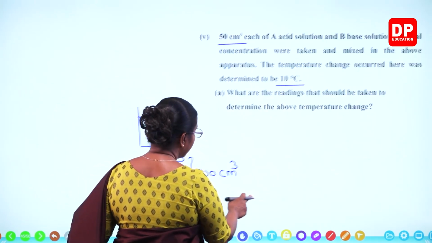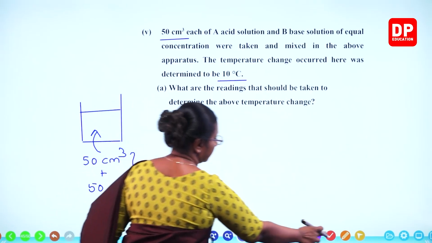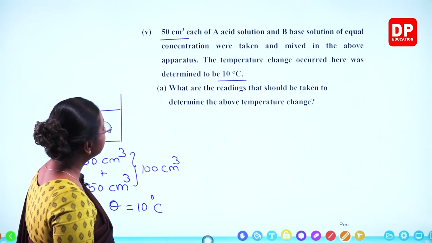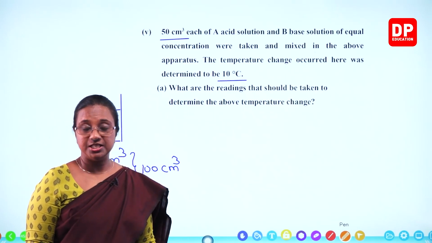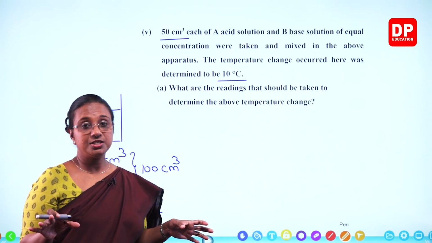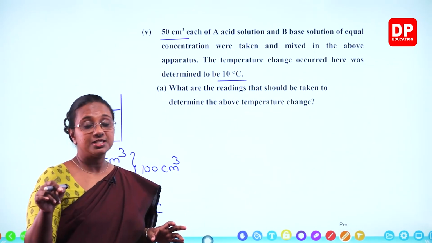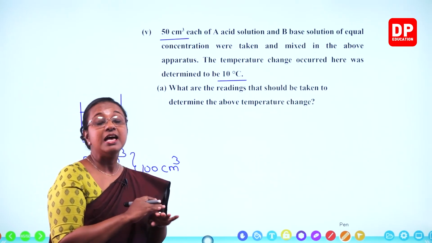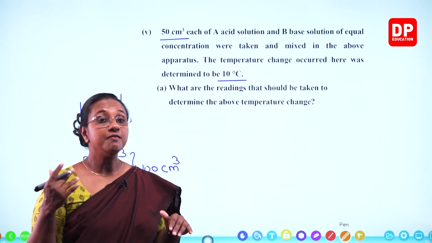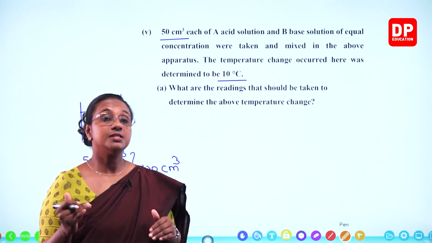Okay. So if we look at the questions related to that, here you can see what are the readings that should be taken to determine the above temperature change. What are the readings? Now you have HCl and NaOH separately, or the acid and base separately. You can measure their initial temperatures to make sure that they are in the same temperature. If not, if the temperatures are different, we normally take the average of the initial temperature of the two solutions.